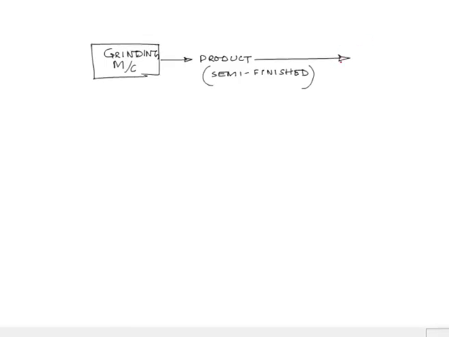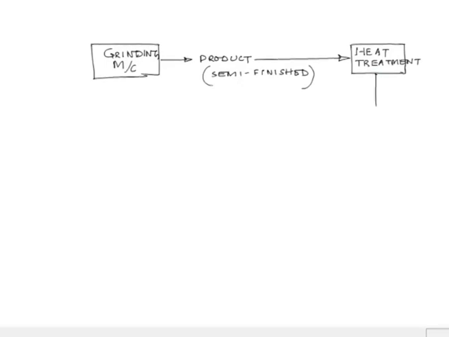Therefore, we may need to take this semi finished product to some heat treatment process, in which the surface hardening will be done.